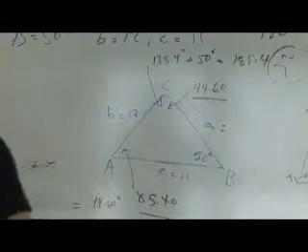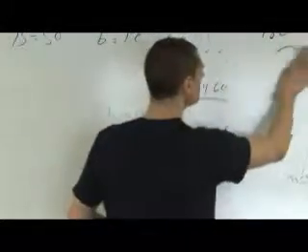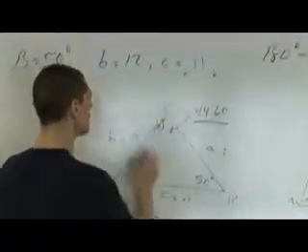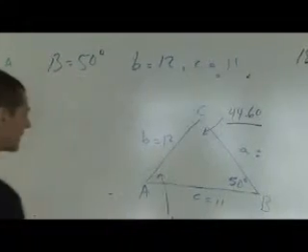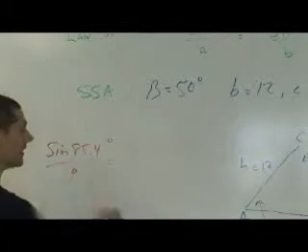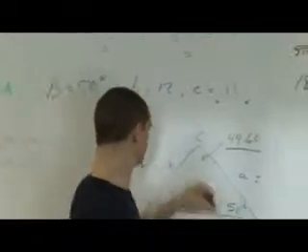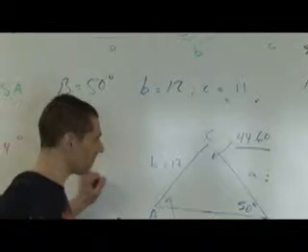Let me clear some of this junk up here. Okay, I'll get rid of this, and this. So there's one last thing that we need to do, and that's figure out what A is. And A is a piece of cake because we know that the sine of 85.4 degrees divided by little a is equal to, I can pick either one of these. Good question here. Which one should I pick?